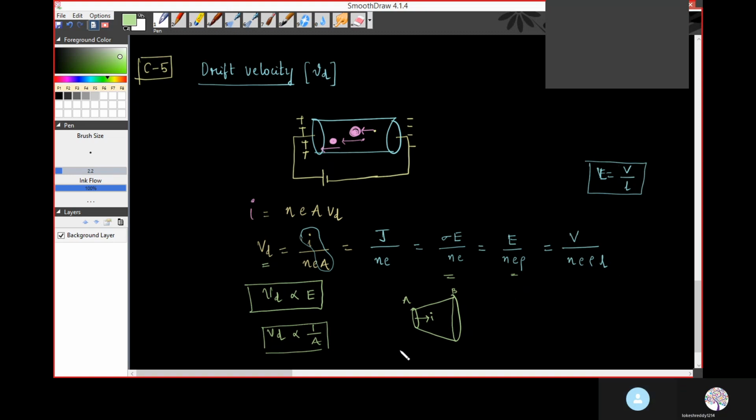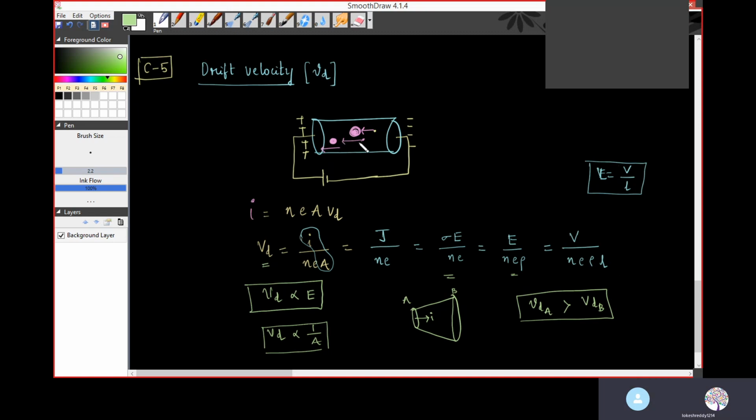At A. Since the area of cross section at A is less, Vd is more. Drift velocity at A is greater than drift velocity at B, because drift velocity is inversely proportional to A.